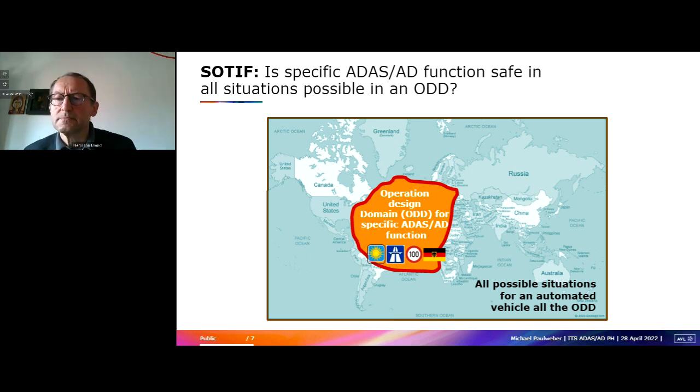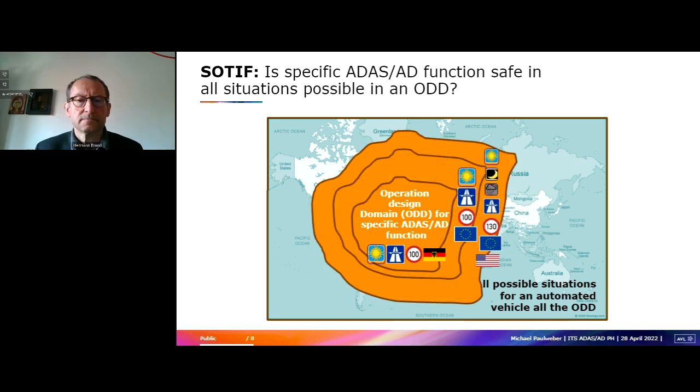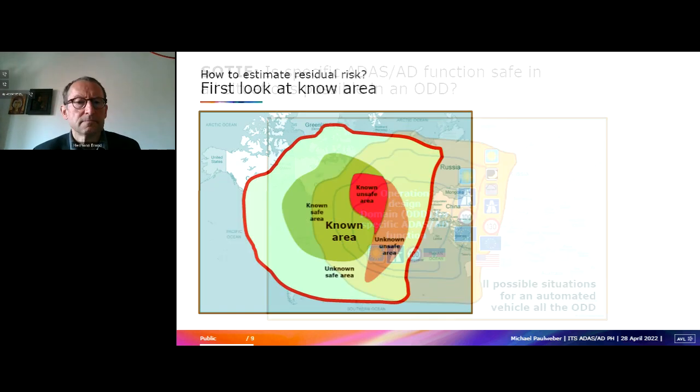In a car, the operation design domain can be specified by the weather conditions in which it shall operate, the type of roads in which it should operate, the speed areas in which it should operate, also the countries in which it should operate. So you might have different operation design domains for different vehicles, and the design domain at the end defines what you have to test.